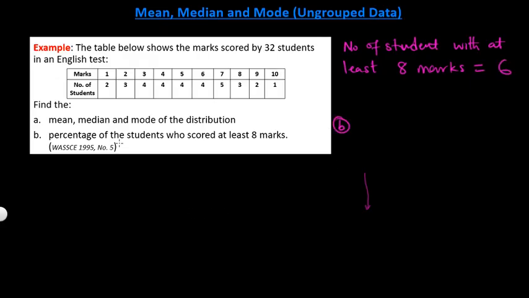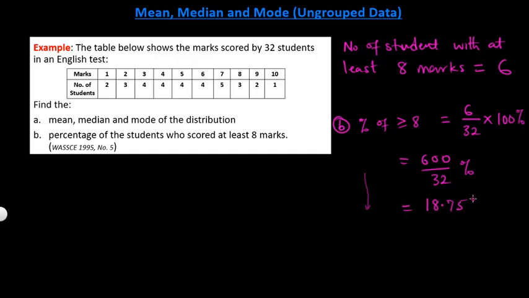So the question here is the percentage of them, the percentage of at least, so greater than or equal to 8, equals 6 divided by the total number, which is 32, multiplied by 100%, and that gives you 600 divided by 32%, and here we get 18.75%.